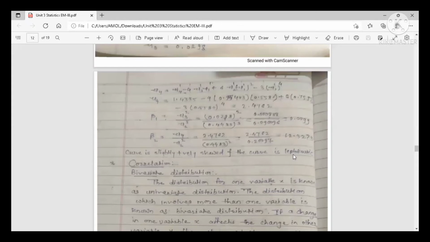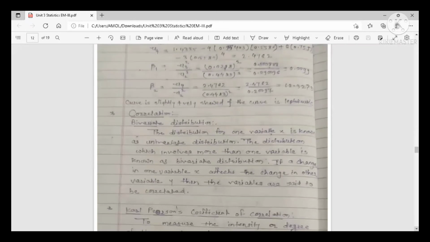After finding the moments about the mean, we calculated the coefficient of skewness and kurtosis, that is beta 1 and beta 2, and concluded about the skewness and kurtosis. So this topic, moment, skewness and kurtosis, is over here.